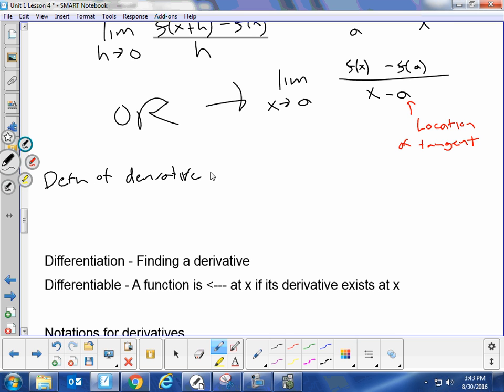Definition of a derivative: the instantaneous rate of change of a function, or it's a slope of a tangent created by finding the slope of 2 points infinitely close together.